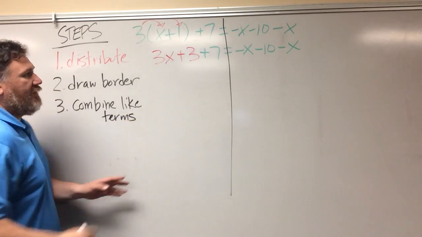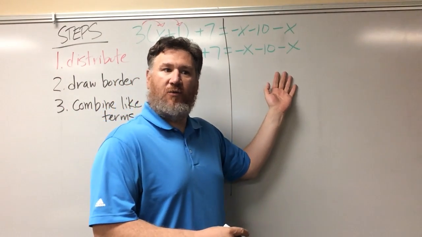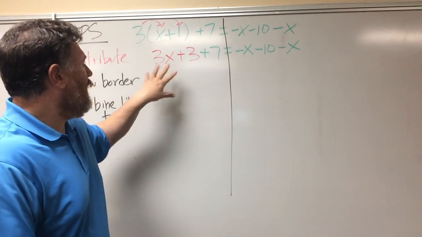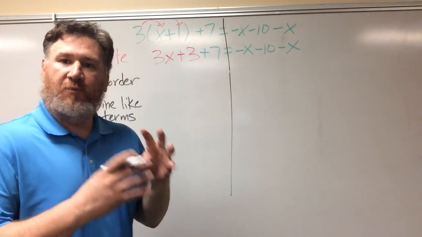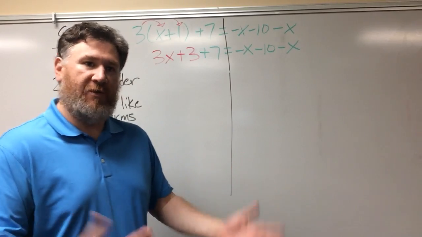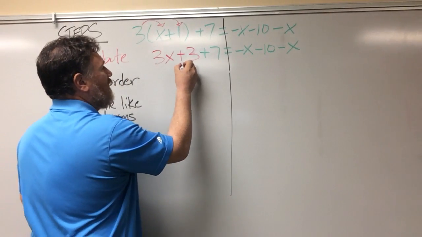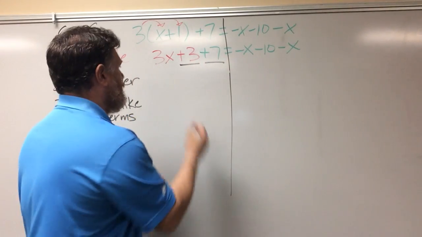So I can only combine like terms on the left and then only combine the ones that are like on the right. On the left side we have a variable, a number, and a number. I can put the two numbers together because I can simplify that and figure out what the bigger number would be. So I can combine 3 and 7, which would give me 10.